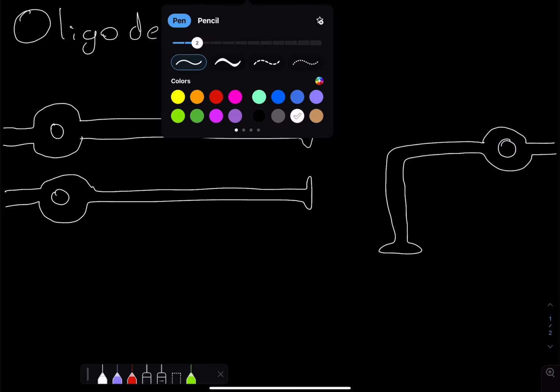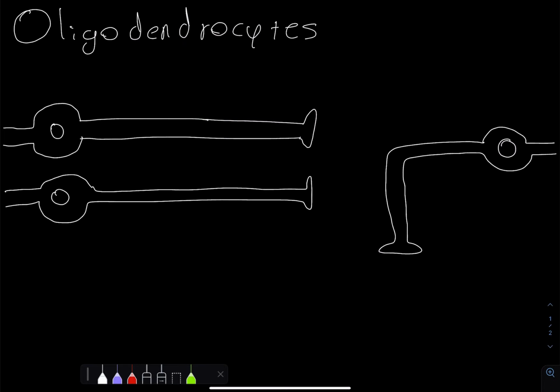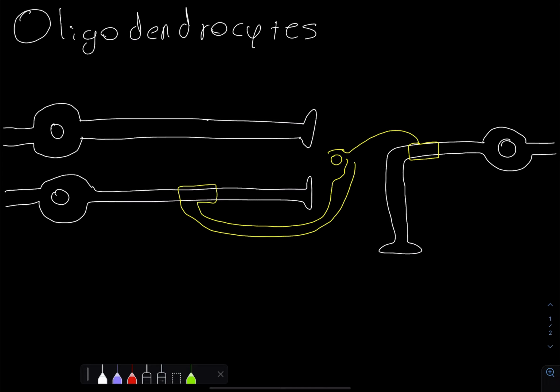What's going to occur here is that a single oligodendrocyte is going to be able to come in and myelinate a section of multiple axons. So an oligodendrocyte can look like this, and it's going to come in and myelinate here, and over here, and then it can also come in and myelinate over here.